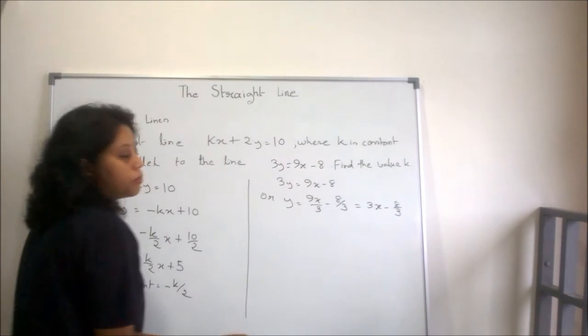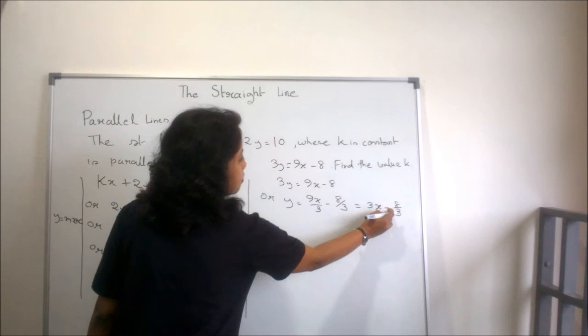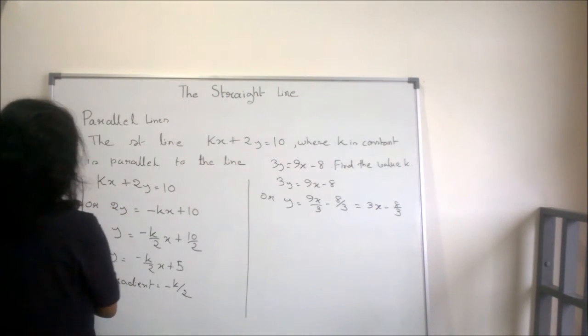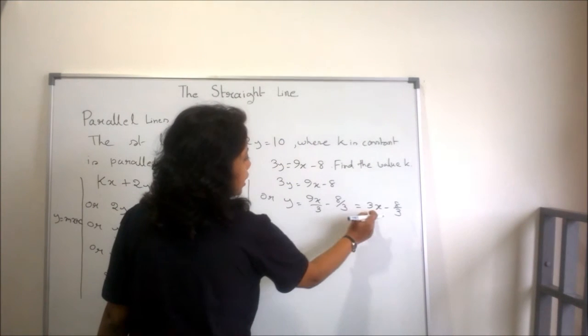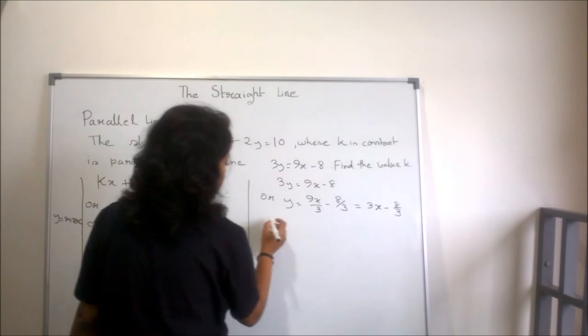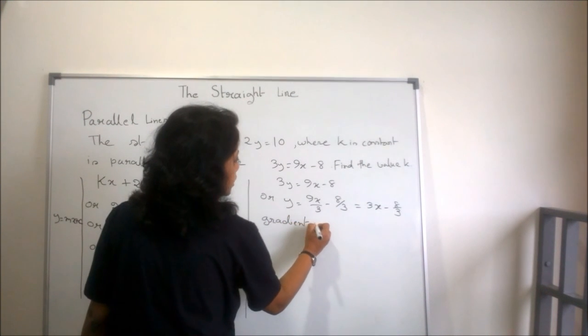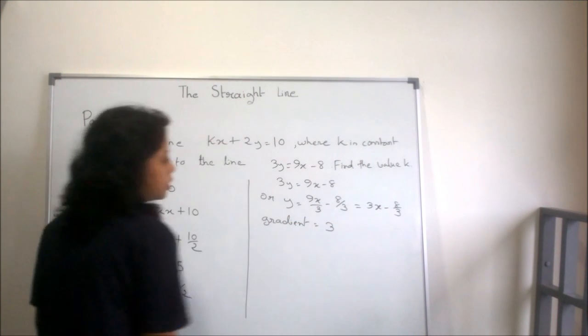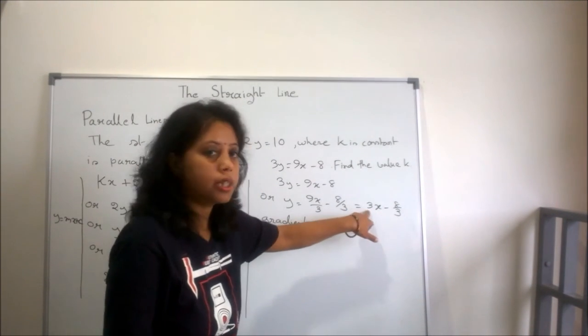Compare it with the general equation, y is equal to mx plus c. So from here we can get the gradient is equal to 3. Y is equal to mx plus c, m is 3.